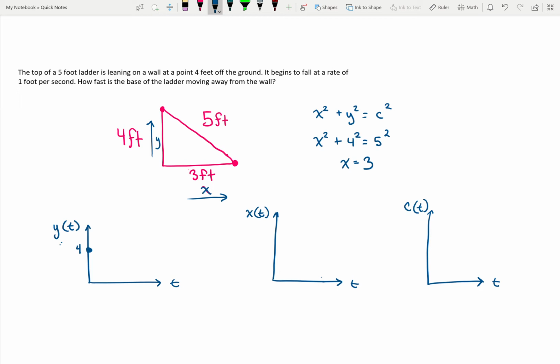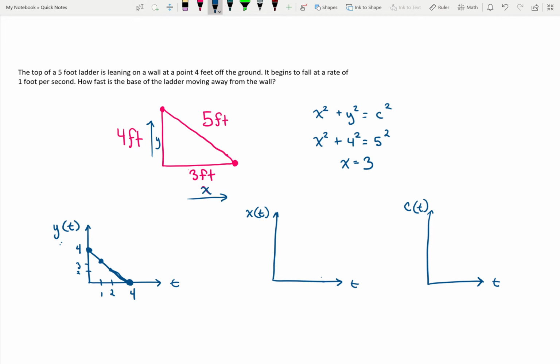So it's going to look like this. That means as 1 second passes, it's going to have a value of 3. As 2 seconds pass, it's going to have a value of 2, and so on and so forth. So that means it will take 4 seconds for this guy to have 0 distance to the floor.